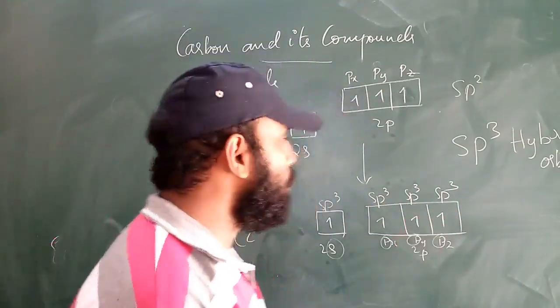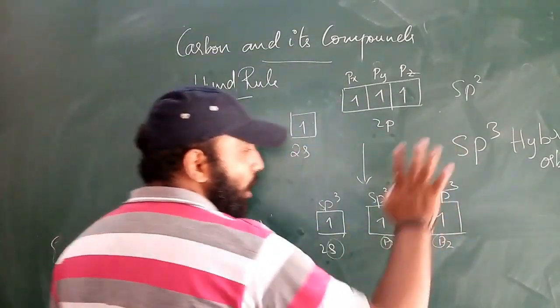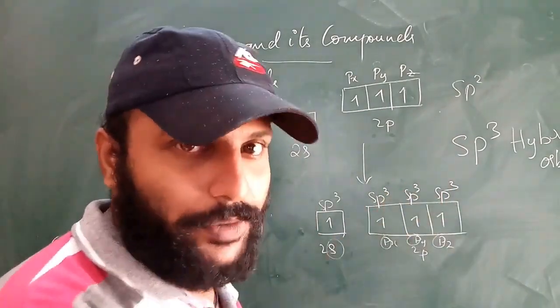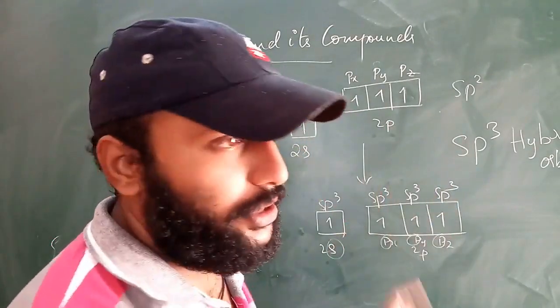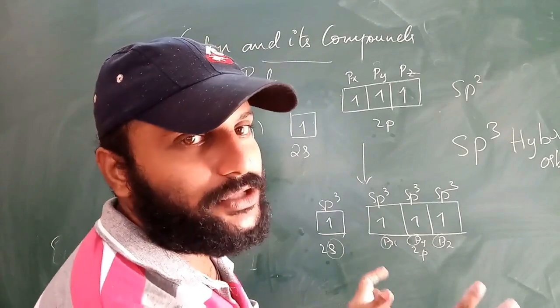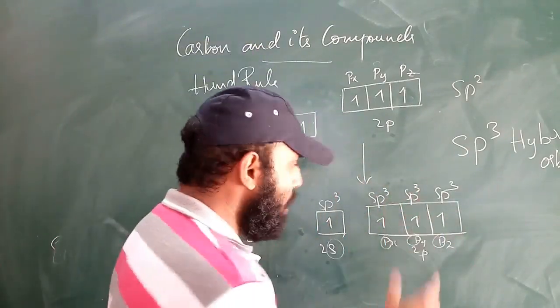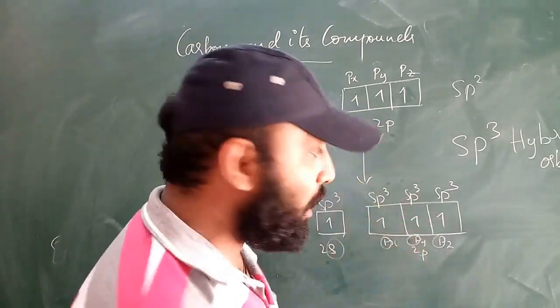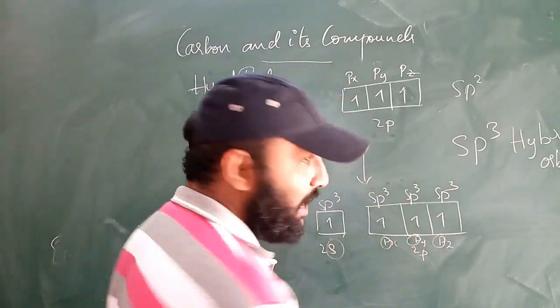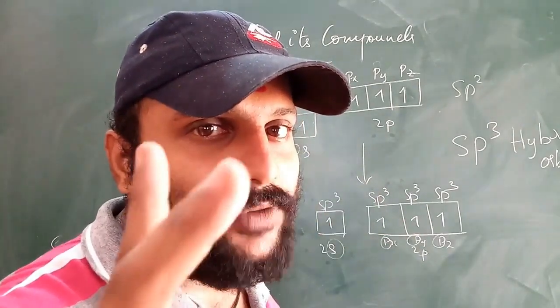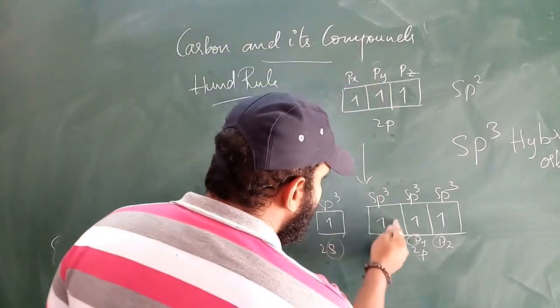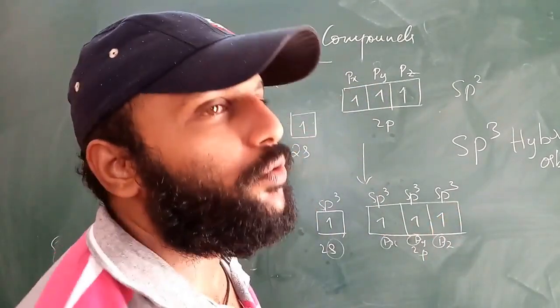Understood? Now here, we have got 4 unpaired hybridized orbitals. Now these 4 unpaired hybridized orbitals will share their electron with what? Here one orbital requires how many electrons each? 1 electron is there. As I said, each orbital holds a maximum of how many electrons? 2. So it requires one more electron within each orbital. What will it do?